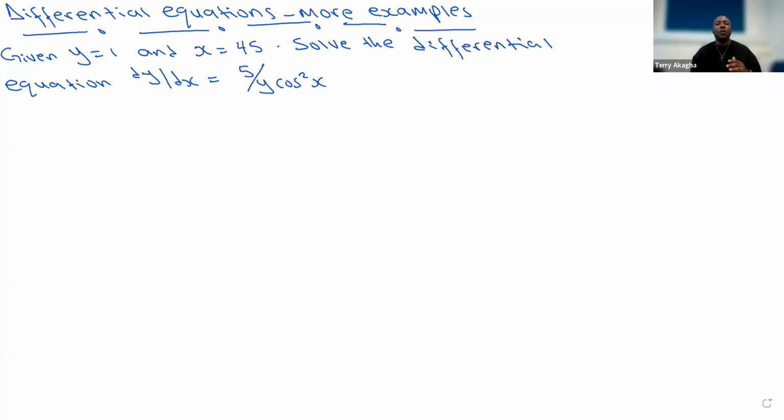The first thing: you have to have the y and dy on the left-hand side, the x and dx on the right-hand side. You integrate, you make y the subject of the formula, then you substitute values for x and y, if you have them, to get the value for c and the rest of it. So if you missed the first and the second video, I would advise you to look at them first before doing this.